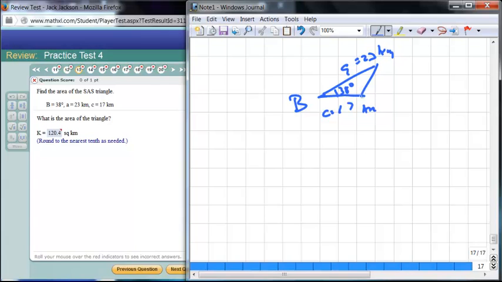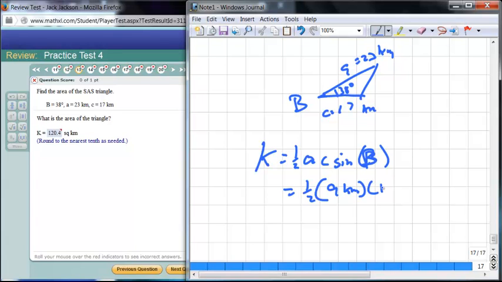So anytime you know two sides and the angle in between, the area is one half the product of the two sides times the sine of the angle in between. So 1/2 times 9 kilometers times 17 kilometers times the sine of the 38 degrees.